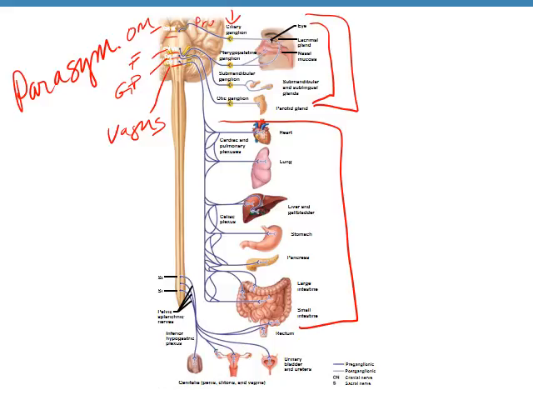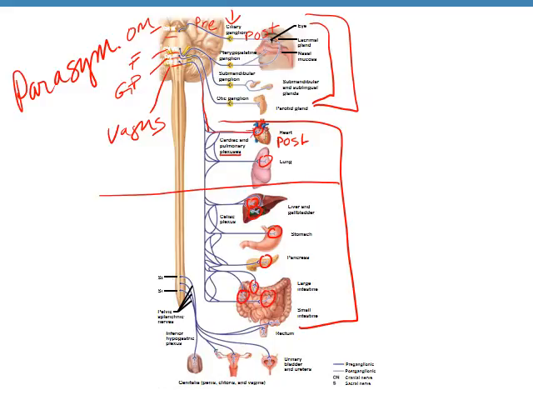So again, we have our pre-ganglionic neuron, we have our post-ganglionic neuron. You can also see these plexuses or branching. As we come off of the vagus nerve, we travel down and you have the preganglionic nerve go into the organ where it synapses with the post. So you can see the very short post-ganglionic neurons here.